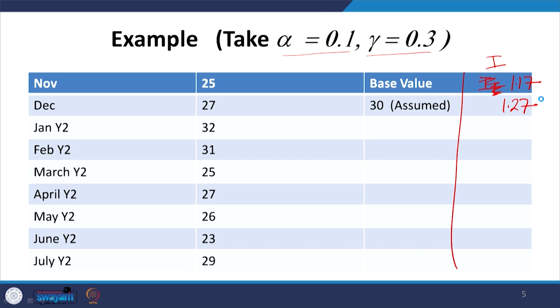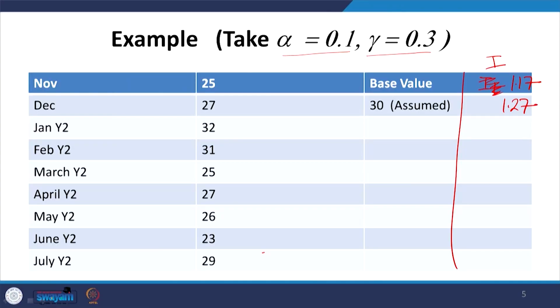Now, with the help of this information, that you have the value of the seasonal index for the period of January to December, what I am going to tell you is going to be a very important thing.